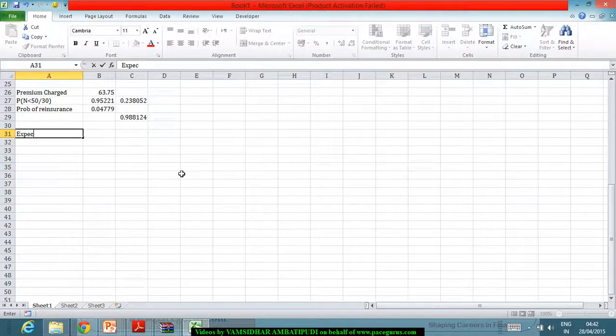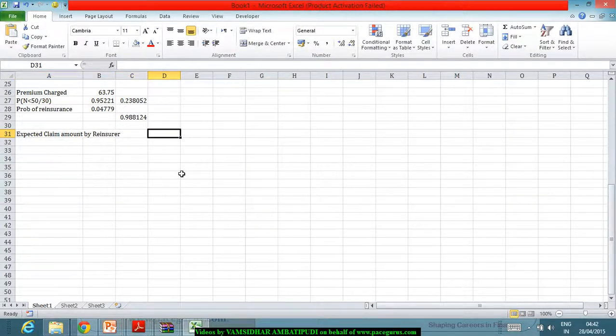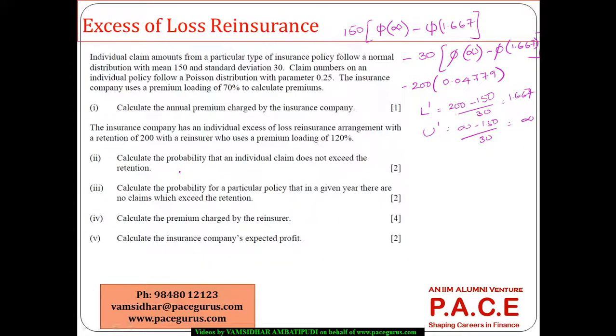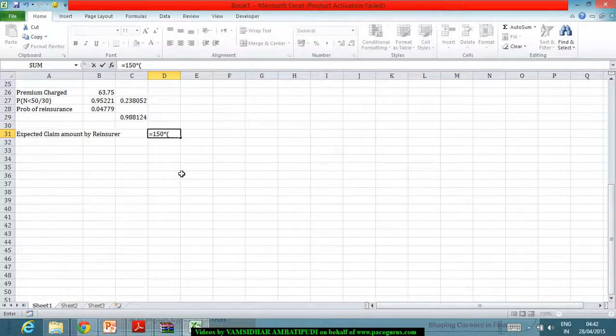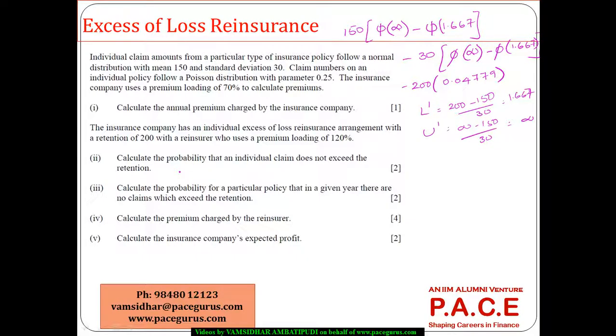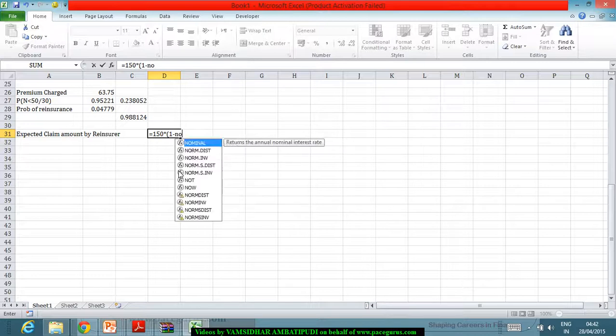If I have to get the expected claim amount by the reinsurer, what is that number? 150 times phi of infinite. Phi of infinite is going to be 1 directly, minus phi of 1.667.